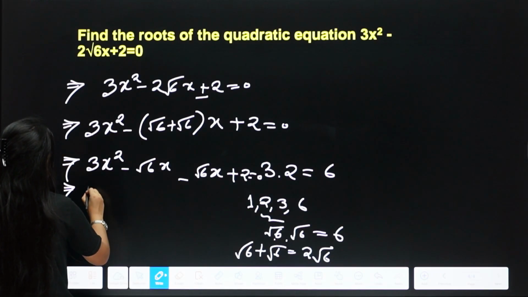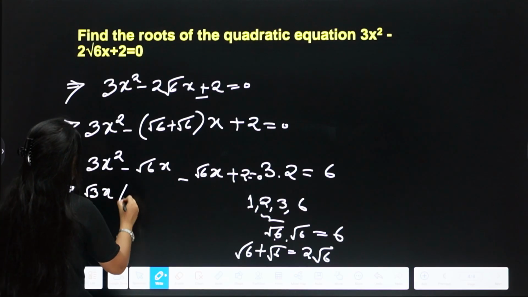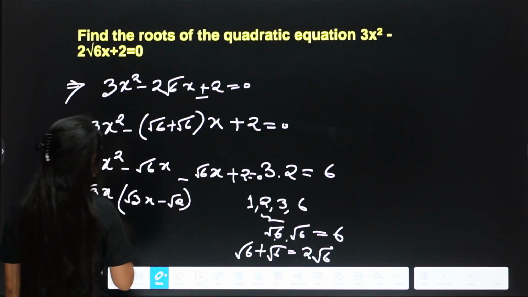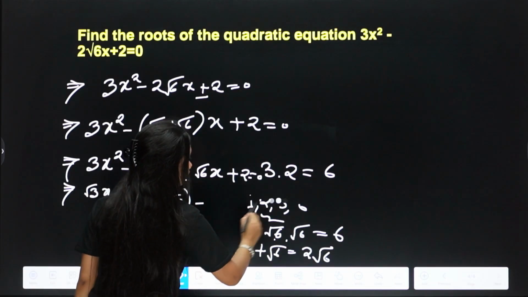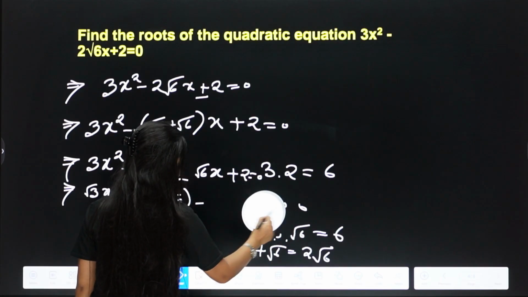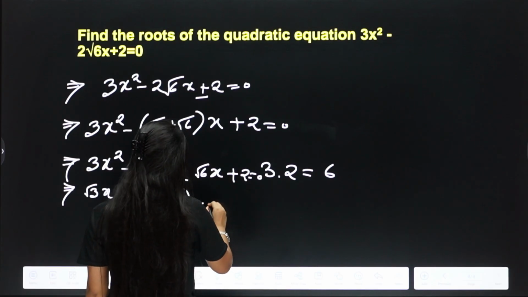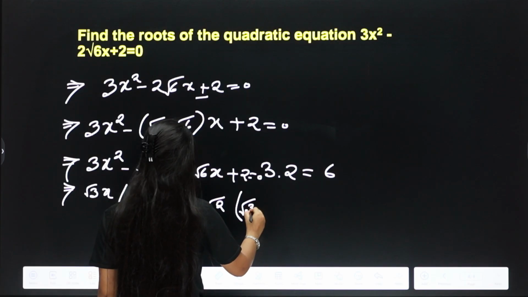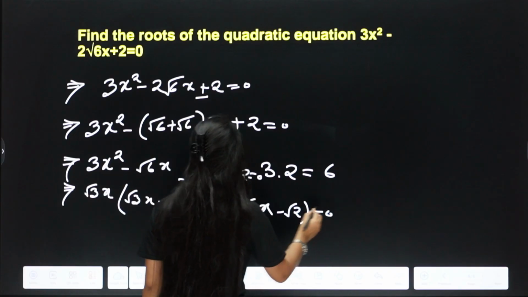You take common root 3x, then it will be root 3x into root 3x minus root 2. Again, you take common root 2 from here, then it will be root 3x minus root 2, that is equal to 0.